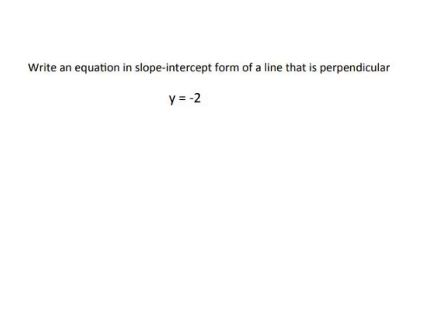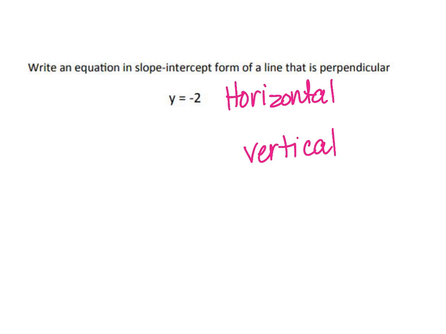Let's try another one. Here, this one is y equals a number, which is a horizontal line because it crosses the y-axis. So if I need a line to be perpendicular, that means I need a vertical line, correct? Vertical would mean x equals. Let's just go ahead and say x equals -2. Just because it's the same value doesn't matter.